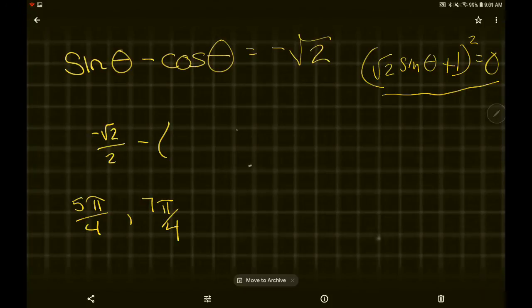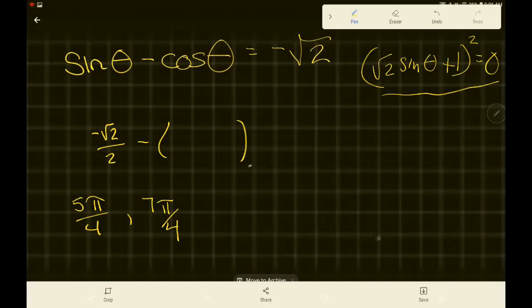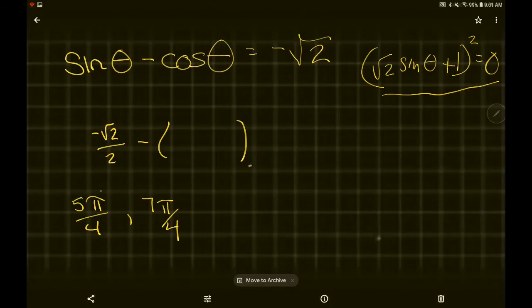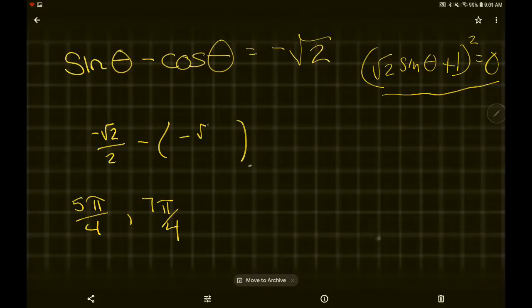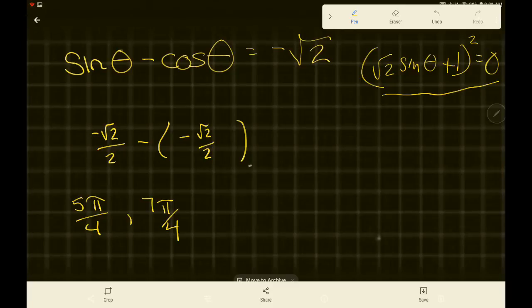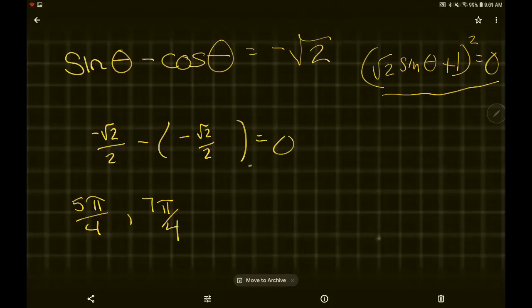Then minus the cosine of 5 pi over 4, which is also negative root 2 over 2. And so that's negative root 2 over 2 plus root 2 over 2. That equals 0. So that doesn't work.